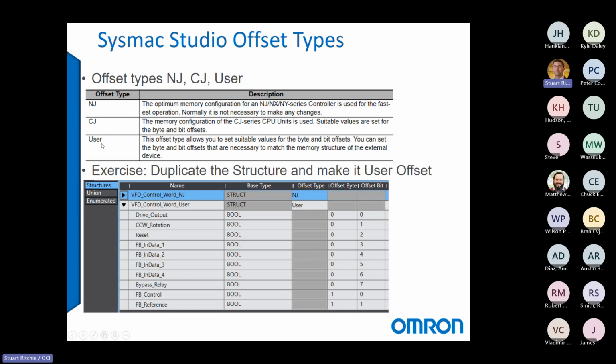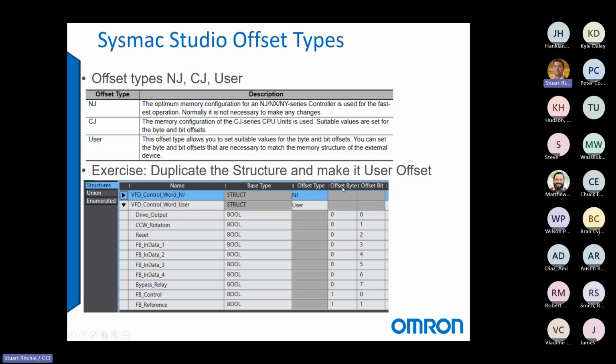So what we do have as a workaround for that is an offset type called user. Now, this lets you pick exactly where in your structure these members will sit from a data layout perspective. So you'll notice in the screenshot here, there's this offset bit and offset byte column.